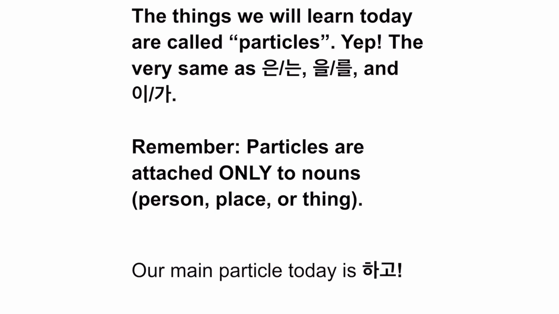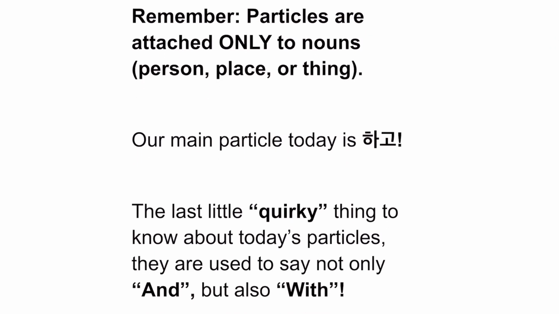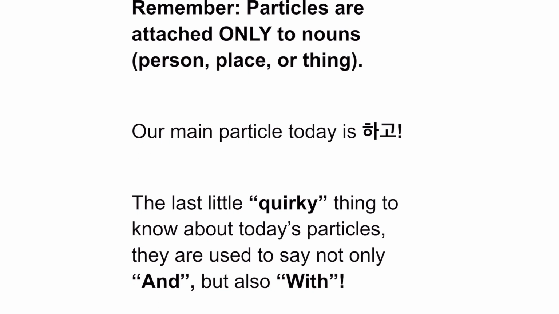What we're learning today are more particles, just like the ones we learned before, 은/는, 이/가, and 을/를, but a bit different. Those 3 are the foundational particles because we use them all the time. And 하고, our main lesson today, is more free-flowing depending on the sentence, because it means "and," but it can also mean "with."